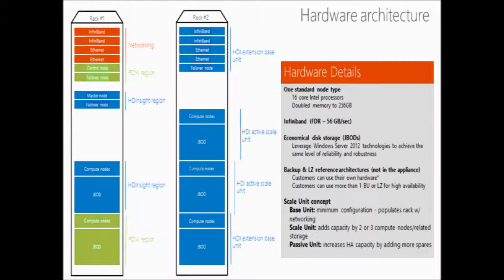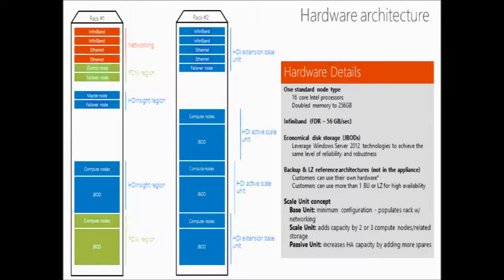Because of that, we are using an InfiniBand network for data movement. And in order to have an optimal cost, we are using just bunch of disk system. And for backup landing zone, we have a reference that you can build your own.